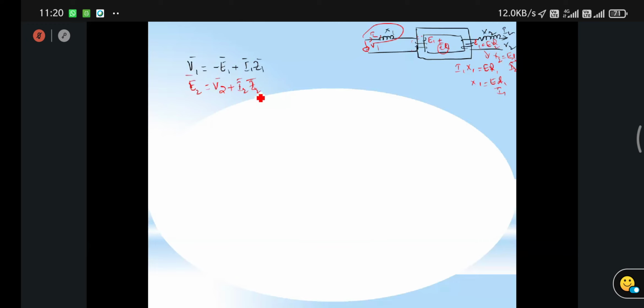The condition that must be satisfied is that when referring the leakage reactance from one winding to another, the per unit reactance drop should be retained the same.